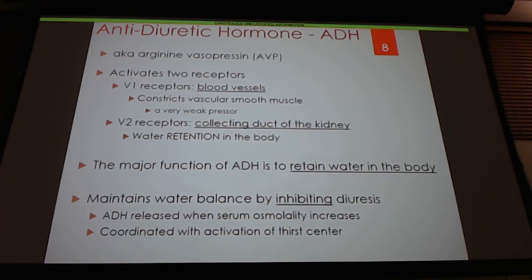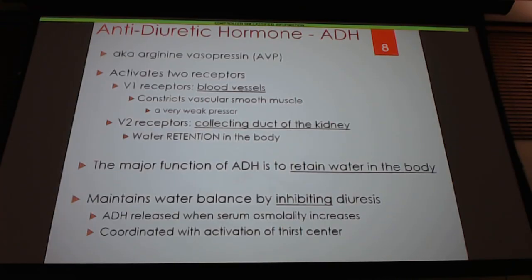What's the whole point of this hormone? Or this homeostasis, right? The body has a really tight control of the serum concentration, it's called osmolality. So we want to keep that right where we want it, and we use ADH to help. Okay. So again, it holds the water in.